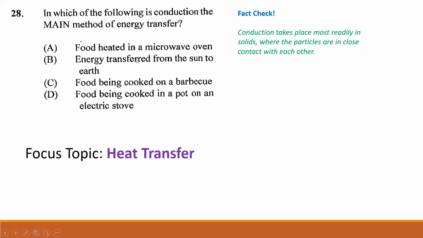There is a gap between where the energy is and the food, just like in the case where energy is transferred from the sun to the earth. They are not in direct contact with each other. Food being cooked on a barbecue is also not a case where the source of heat is directly in contact with the food. And so your answer is D.